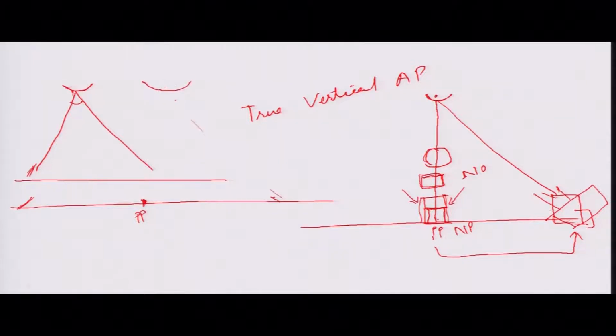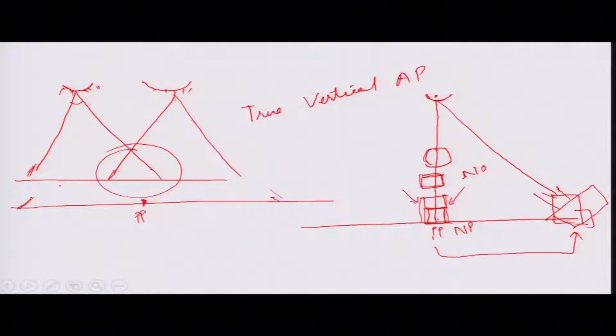But when we look with both eyes, it will give us an overlapping area. We can view a terrain in 3D also.